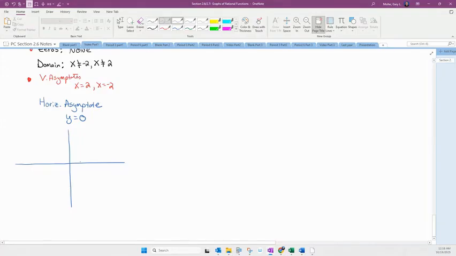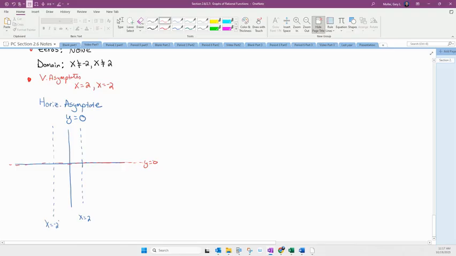All right, I have vertical asymptotes at x equals 2, x equals -2. I have a horizontal asymptote. I'm going to do this in red here so it stands out. At y equals 0.